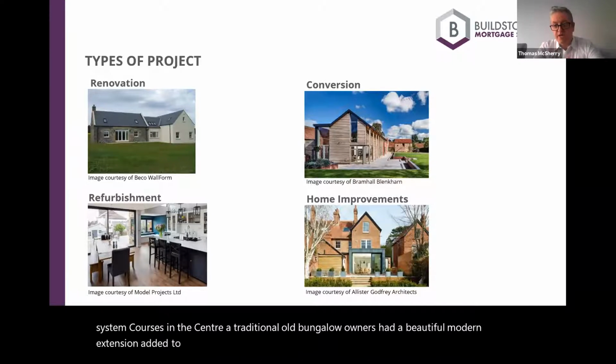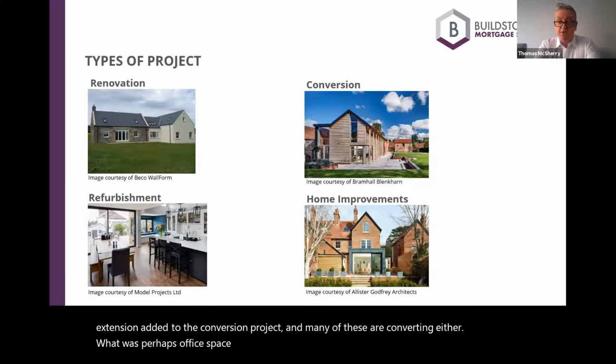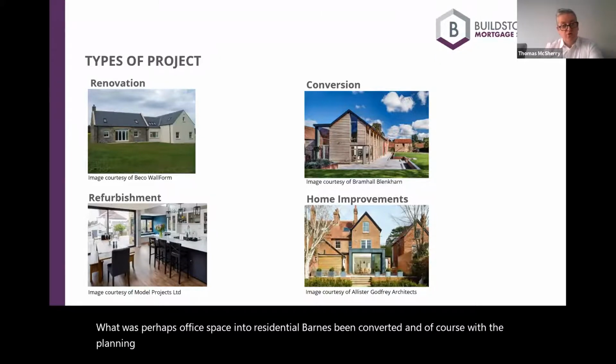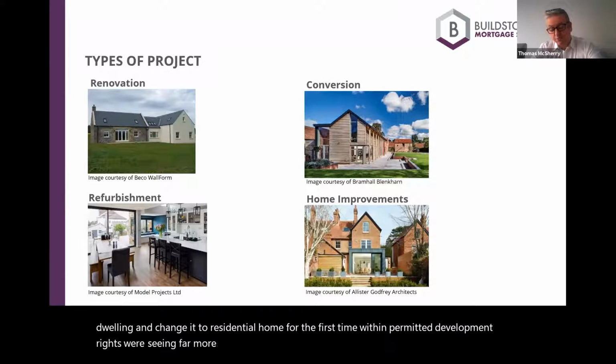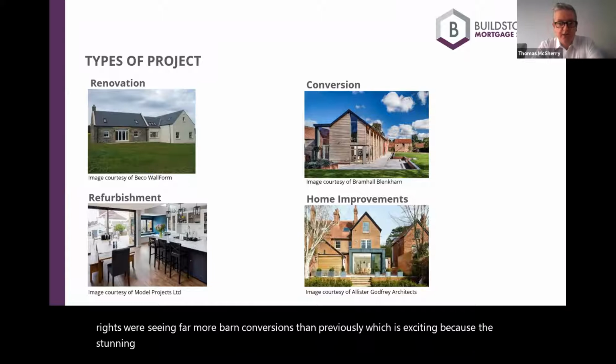A conversion project, and many of these are converting what was perhaps office space into residential, or barns being converted, and of course with the planning amendments to create Class Q planning, where you can take an agricultural dwelling and change it to a residential home for the first time within permitted development rights. We're seeing far more barn conversions than previously, which is exciting because of the stunning properties, as you can see with the image from Bramwell Glencairn in this case.